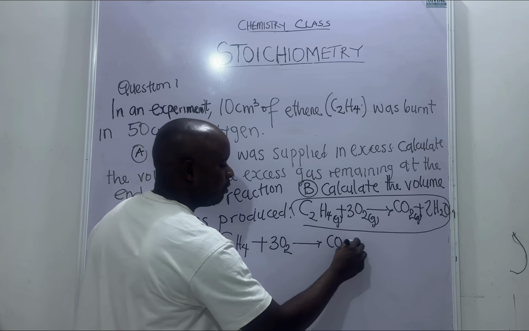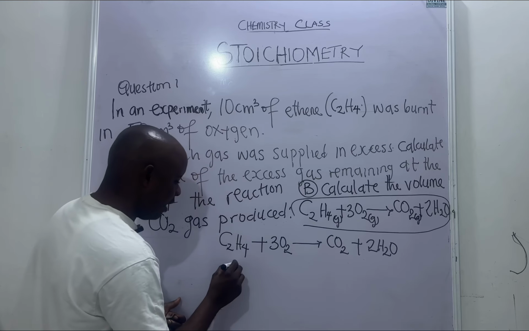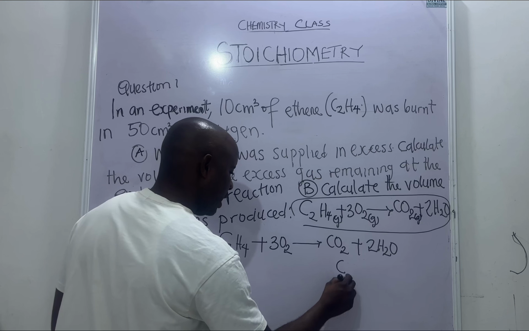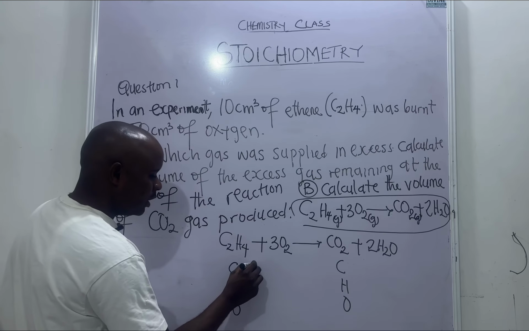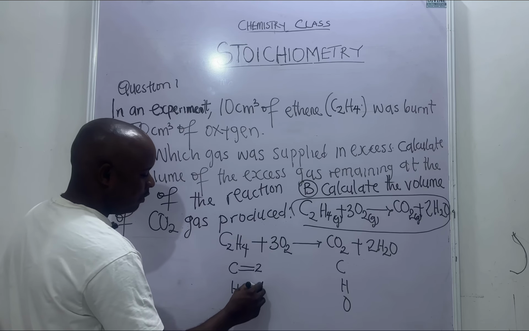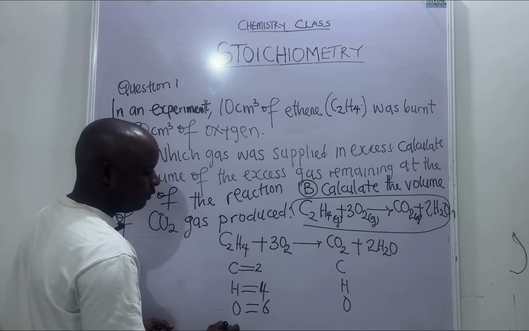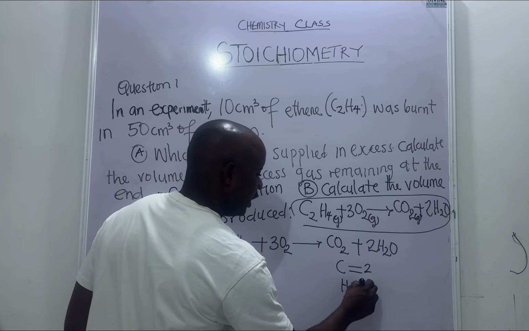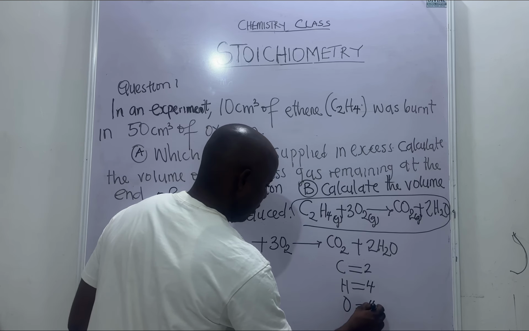We have carbon, hydrogen and oxygen on this side, and we must have the same on the other side. Carbon is 2, hydrogen is 4, and oxygen is 3 times 2, which is 6. On the other side, carbon is 2, hydrogen is 4, and oxygen is 2 plus 2, which is 4.